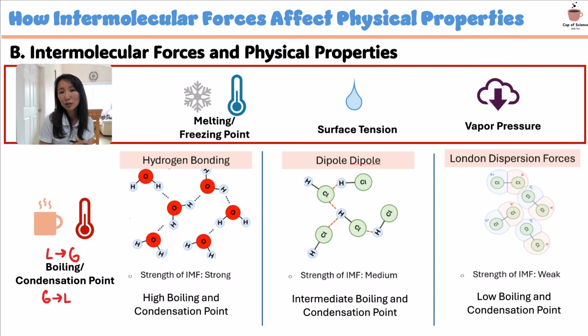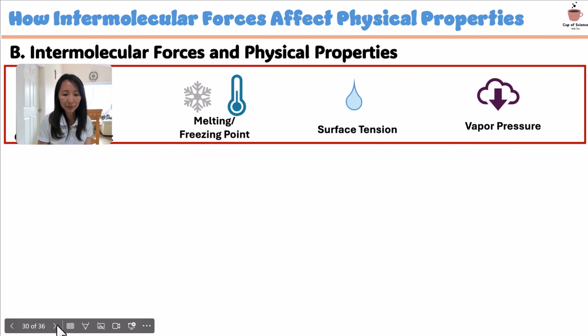Lastly, if it has just London dispersion forces, these have a very low boiling point and very low condensation point. Okay, hydrogen bonding is going to have high boiling points, dipole medium, and then London dispersion low. But we still haven't described an explanation of why this happens. And that's what I'll cover next.